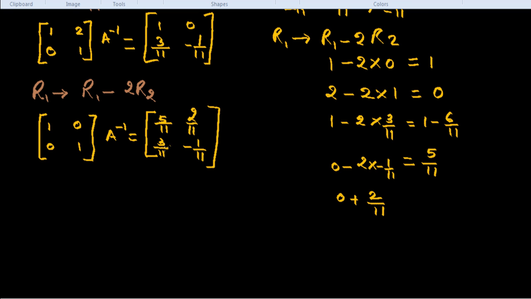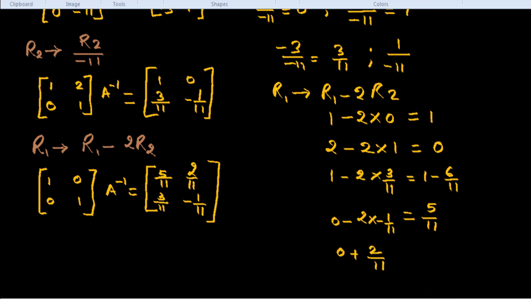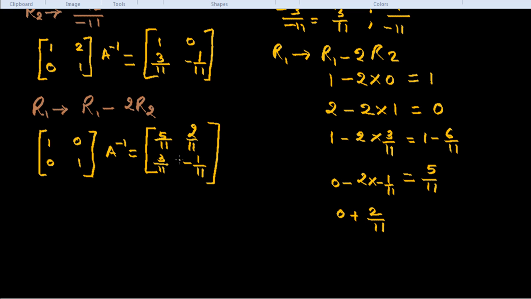So here we have got A inverse, because we have converted the left side: the identity matrix into A inverse is equal to A inverse. So we have got A inverse here: 5 over 11, 2 over 11, 3 over 11, minus 1 over 11.